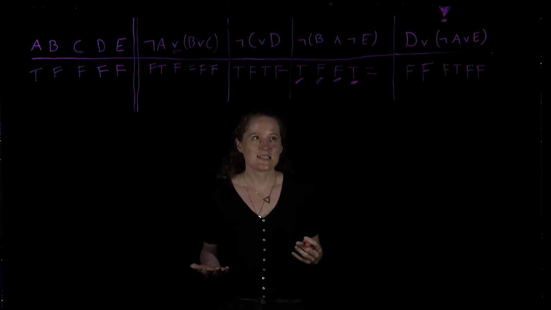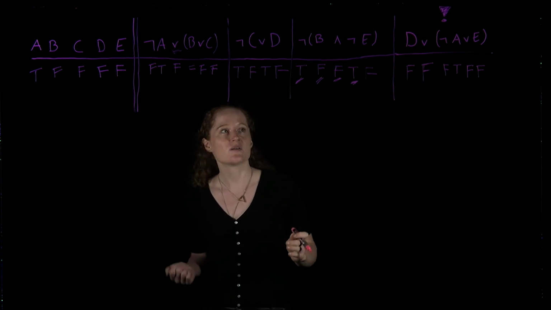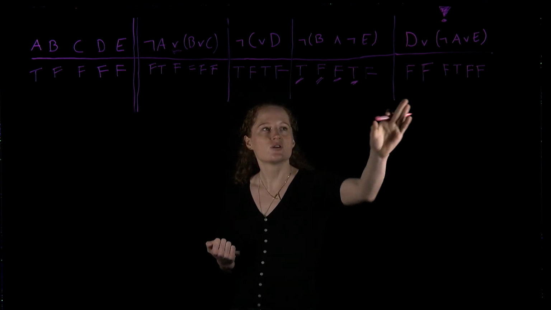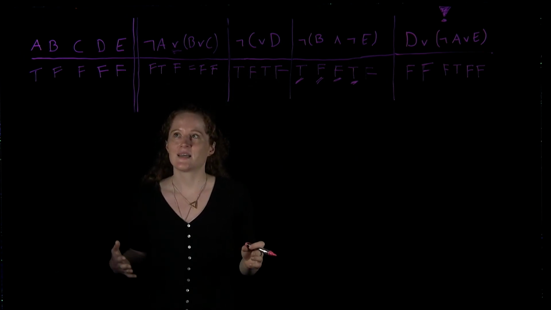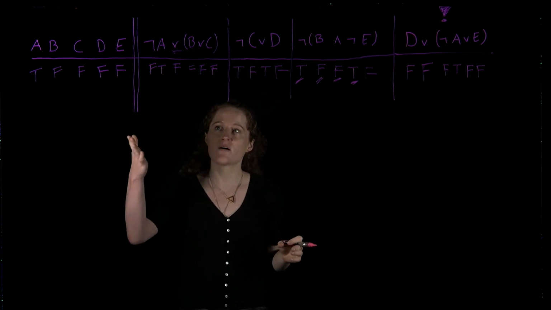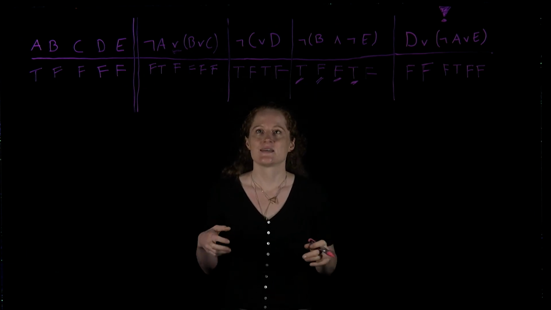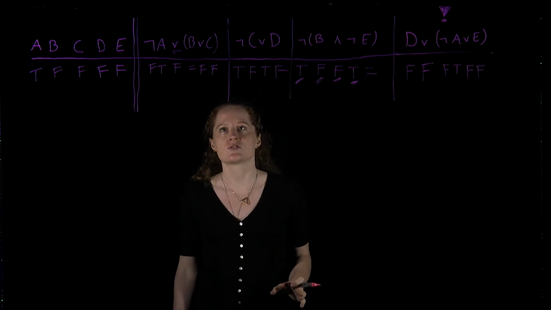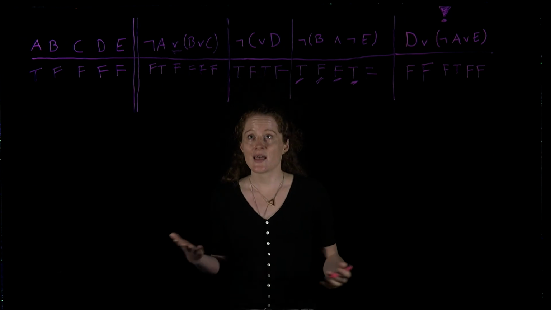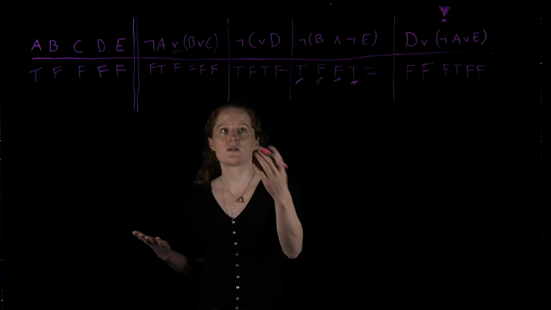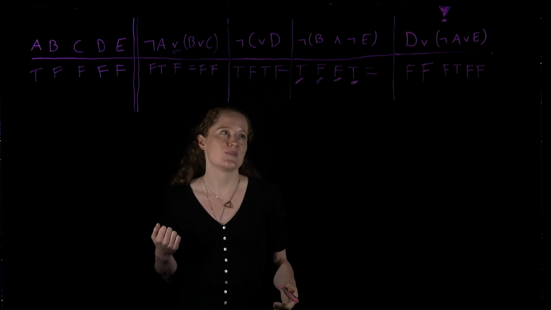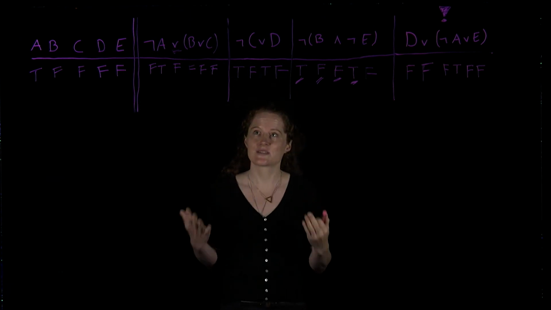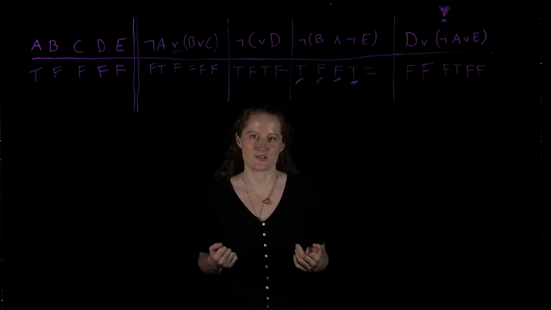So what we have seen is that if we suppose that our conclusion is false, there's no way of assigning truth values to our 5 sentences that makes all of the premises true. And that means that every valuation that makes all of the 3 premises true is also a valuation that makes the conclusion true. And that means that this argument is in fact tautologically valid.